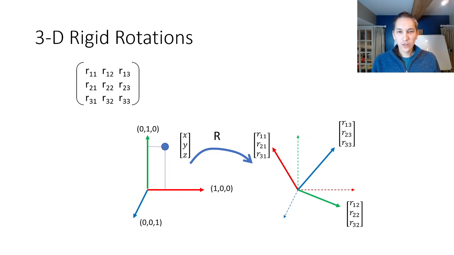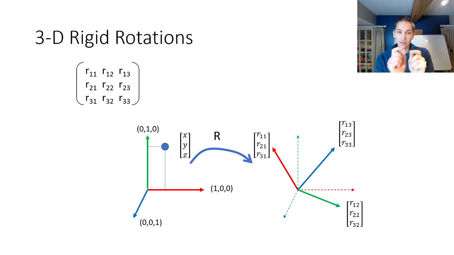Okay, so just like in 2D, if we want to rotate a point in a local coordinate system and convert it to world coordinates, we simply perform the matrix vector multiplication. Given this point with x, y, and z, we think about each of the columns of this matrix as vectors, and each of the coordinates of this point stays the same.